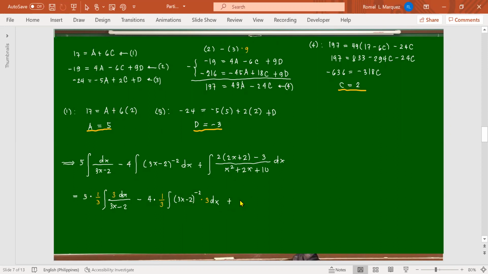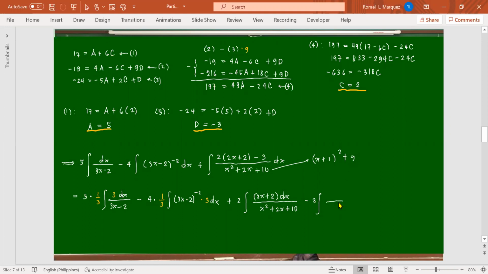Then this integral, I can split into integral of 2 times 2x plus 2 dx, all over x squared plus 2x plus 10. And then minus 3 integral of this part. I can put that as x plus 1 quantity squared plus 9.